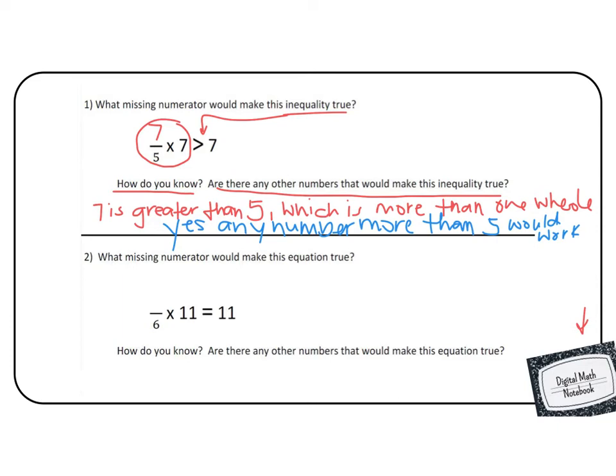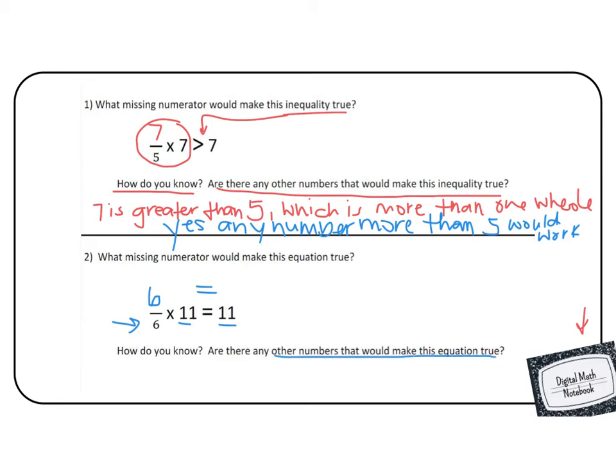Let's try example 2. What missing numerator would make this true? All right, so we have 11 and 11, so it's going to stay equal. So that means that we need to multiply by 1. So we need to look, our denominator is 6, so in order to make 1, our numerator would also have to be a 6. Now this is a case where, are there any other numerators that would make this true?